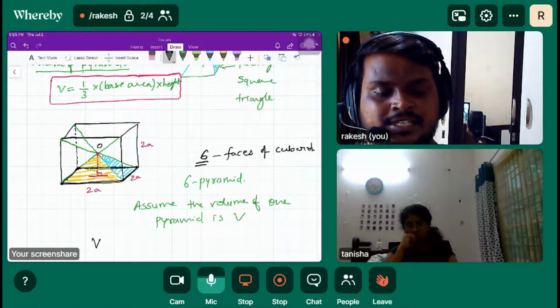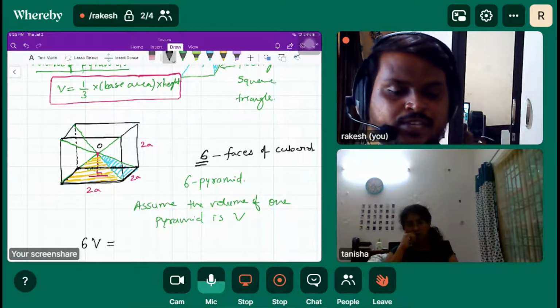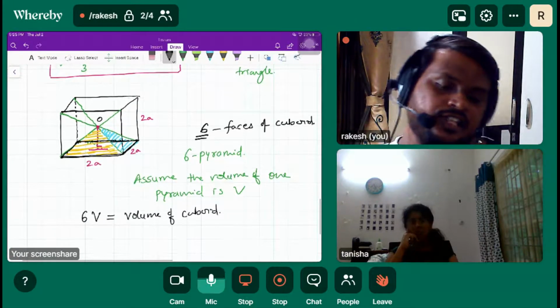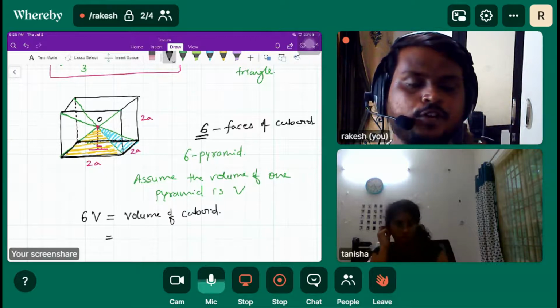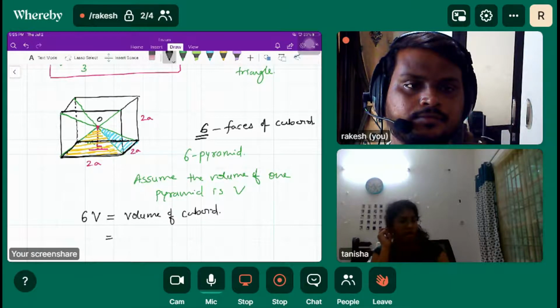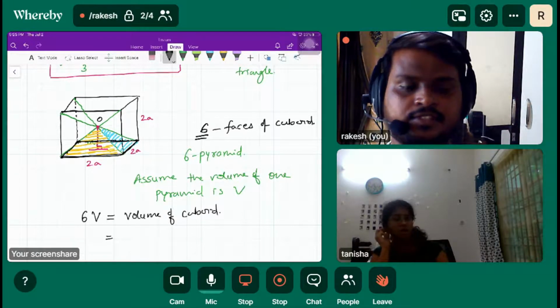So 6V would be the volume of the cube. What is the volume of the cuboid here? Volume of cuboid is length into breadth into height. So that is 2a into 2a into 2a.